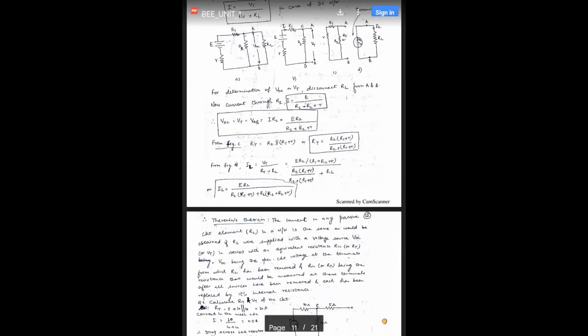So our main purpose was to calculate the load current which is flowing in this circuit. Okay, so our purpose was to reduce the complications in the circuit and reduce the circuit into such a form so that Ohm's law can be directly applied.